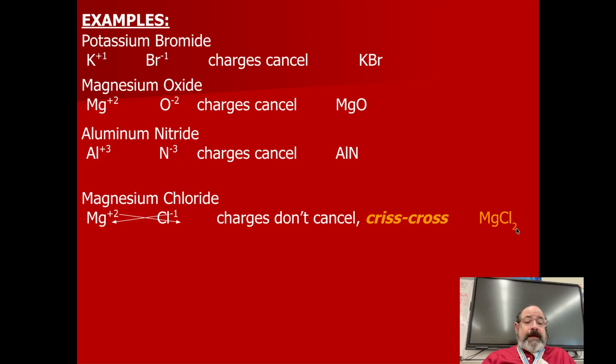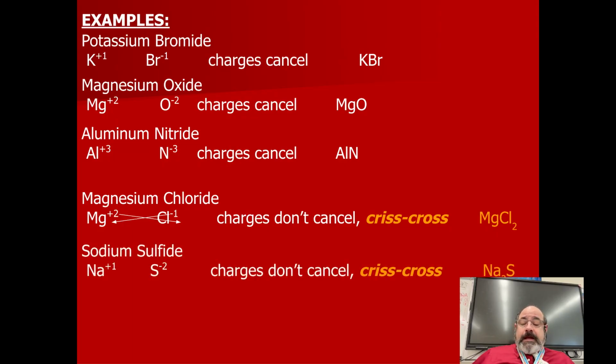What about the charges? The charges disappear during the crisscross. This tells you that there's 1 magnesium and 2 chlorides, and I will explain how the charges balance out when they do this. But the crisscross is a shorthand method of quickly doing that, which is a nifty thing.